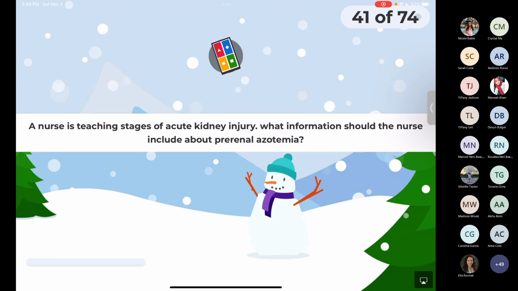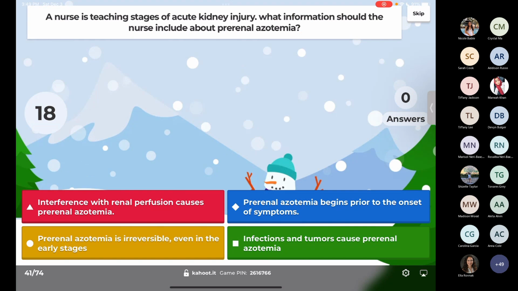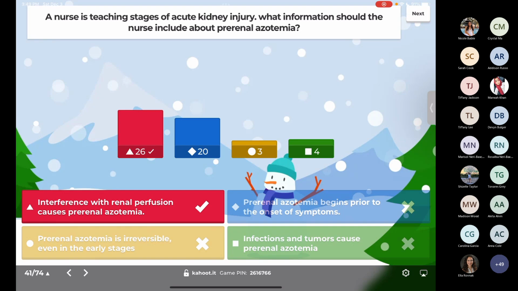A nurse is teaching stages of acute kidney injury. What information should the nurse include about pre-renal azotemia? Good job, guys.